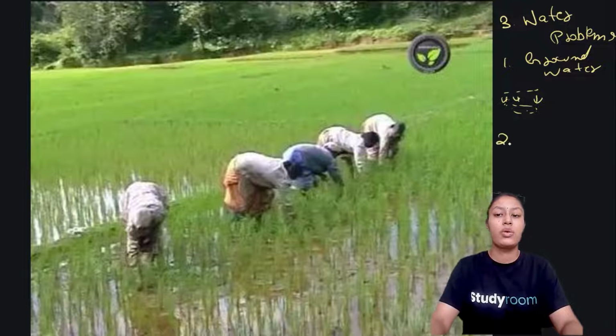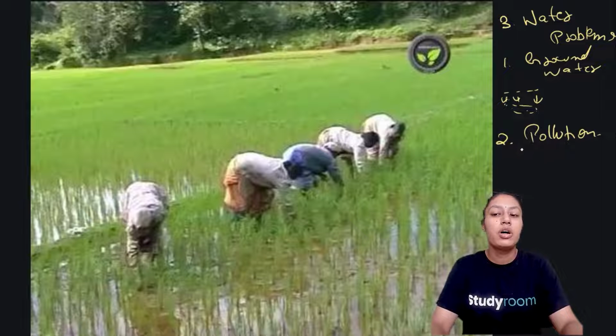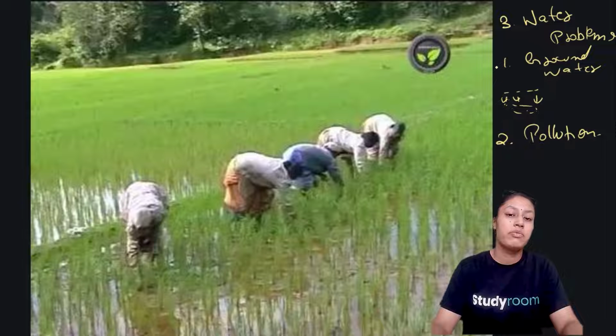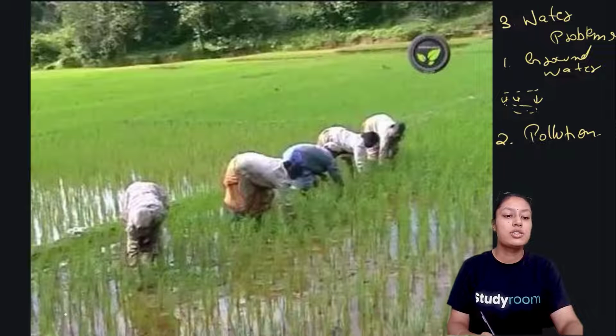And second was pollution, due to, again, the excessive use of chemicals and fertilizers. The underground water was being polluted. So these were two different dimensions of water problems that we have faced. These were the major drawbacks or problems with the green revolution, right?